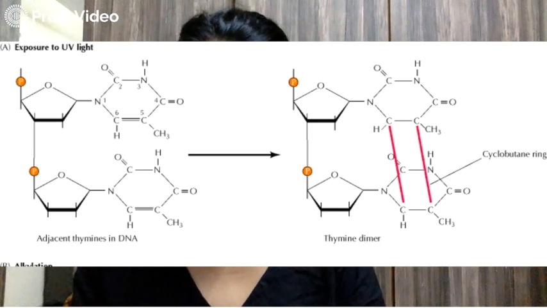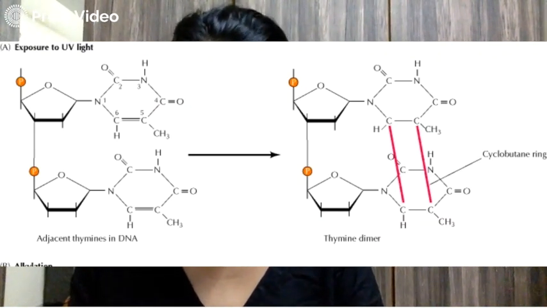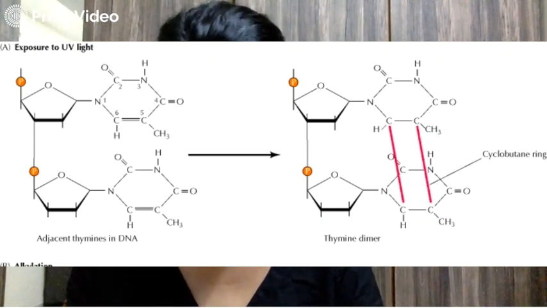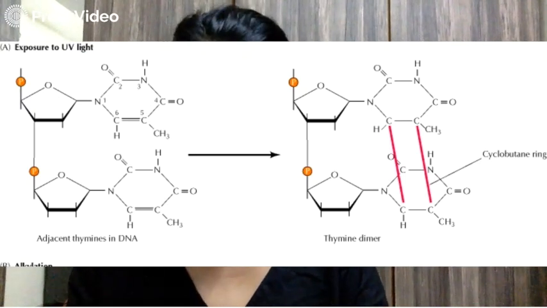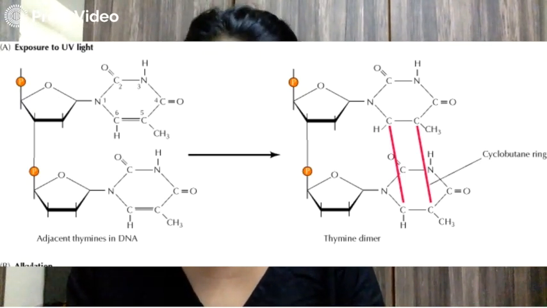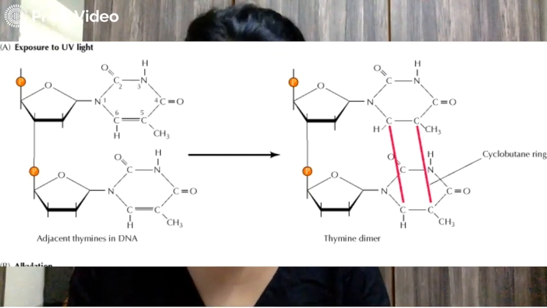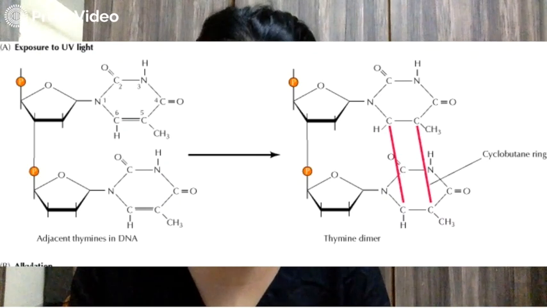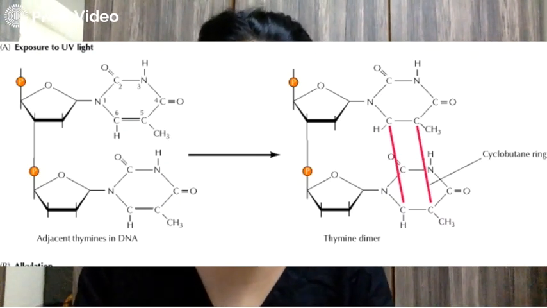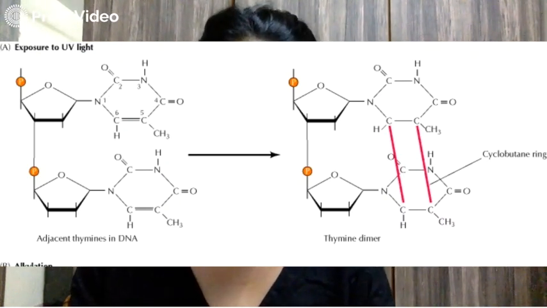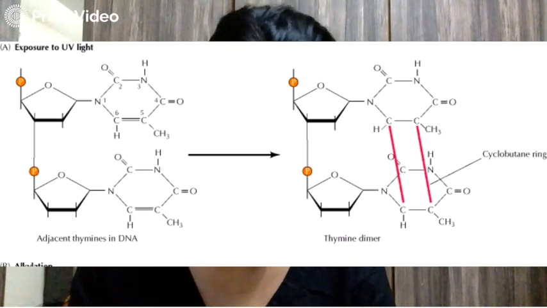So both are thymine-containing nucleotides joined together by a phosphodiester linkage. Now in such a sequence of DNA which has two thymines adjacent to each other, on exposure to UV light there may be a reaction which causes formation of a bond between carbons of the adjacent thymine groups.